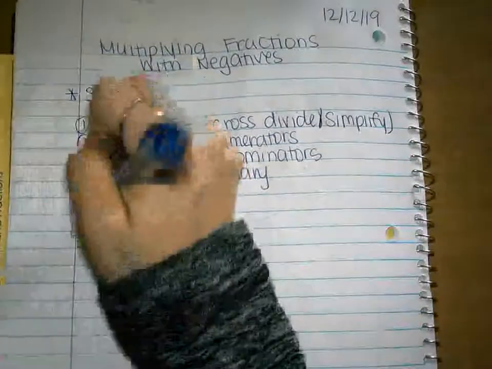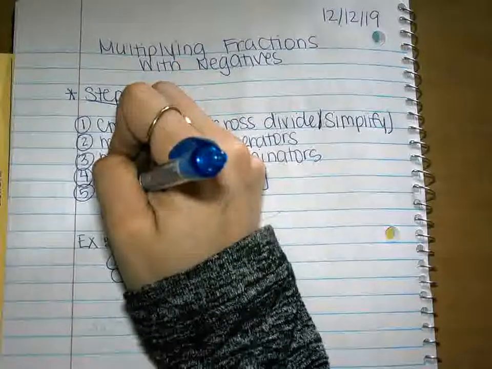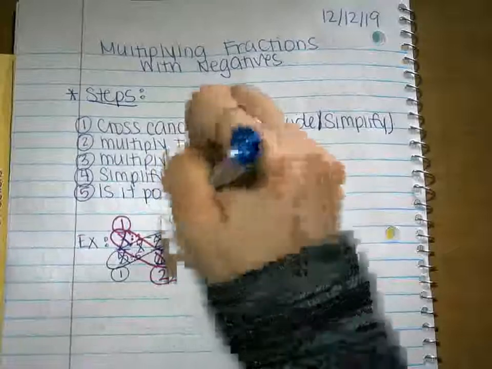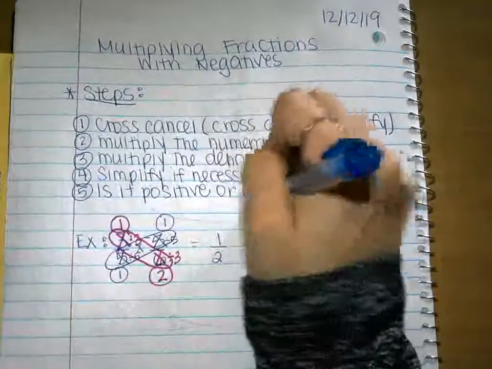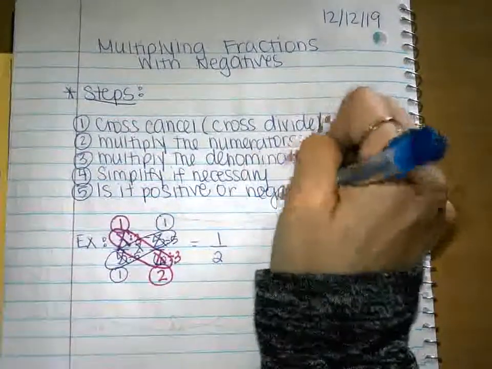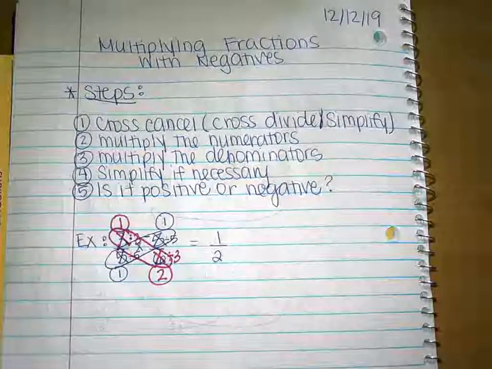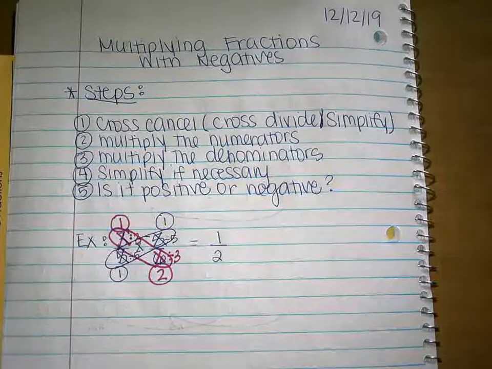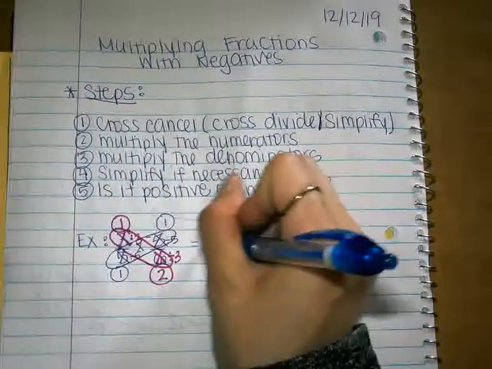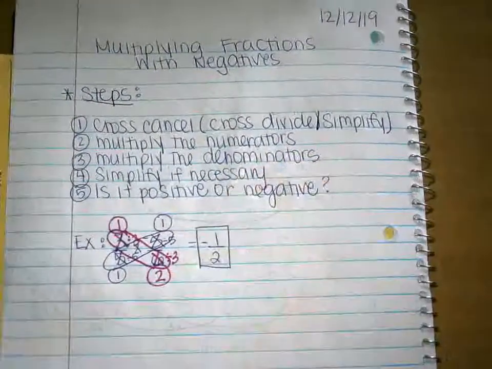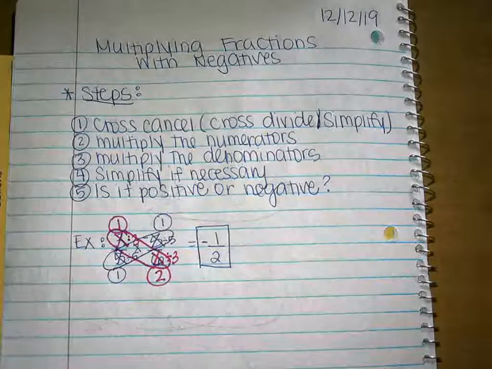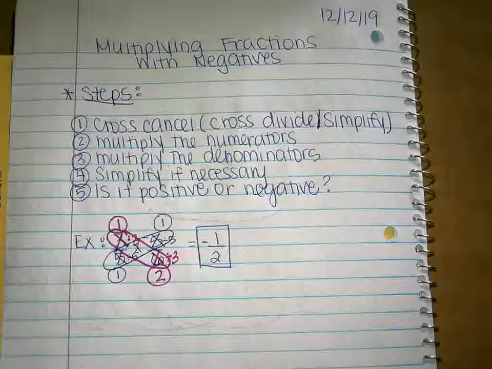Is it positive or negative? And I'm literally going to write it down like that. Is it positive or negative? And in this case, guys, is it positive or negative? Negative. Why is it negative? Negative difference. Good. One was positive, one was negative, so my answer has to be a negative.